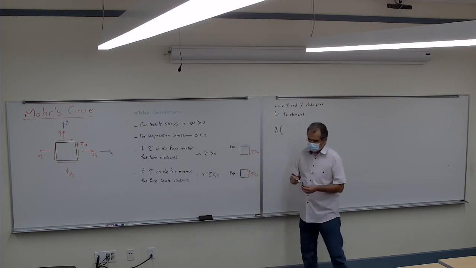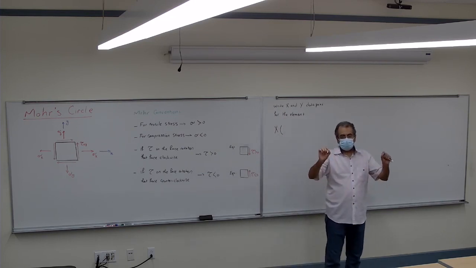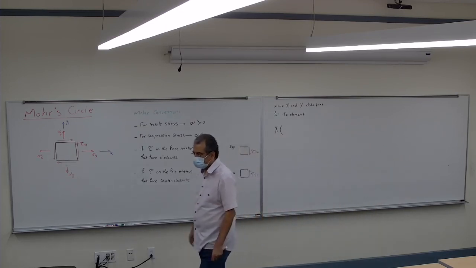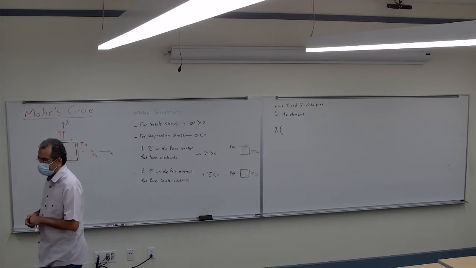For x, the data point is going to be in the form of sigma x and tau. For the x here, is the sigma on the x positive or negative?